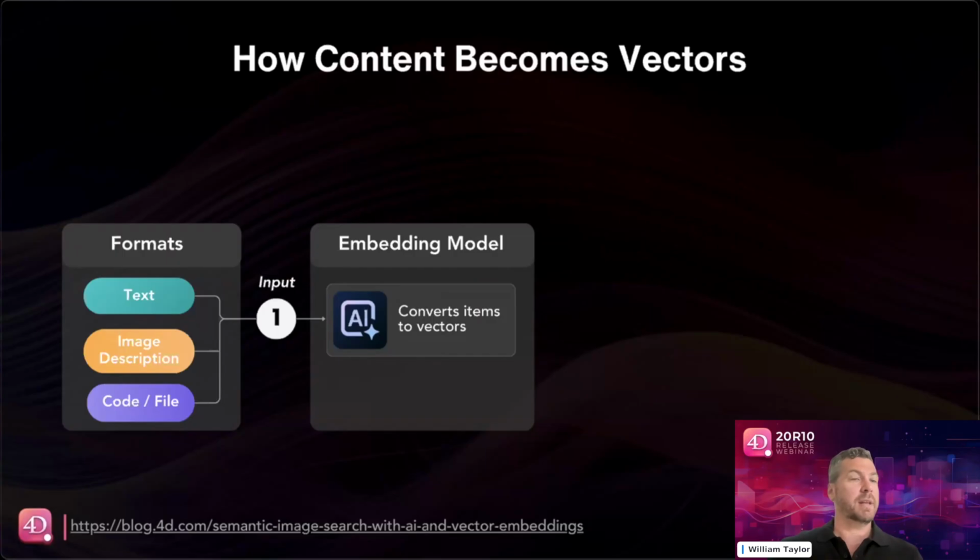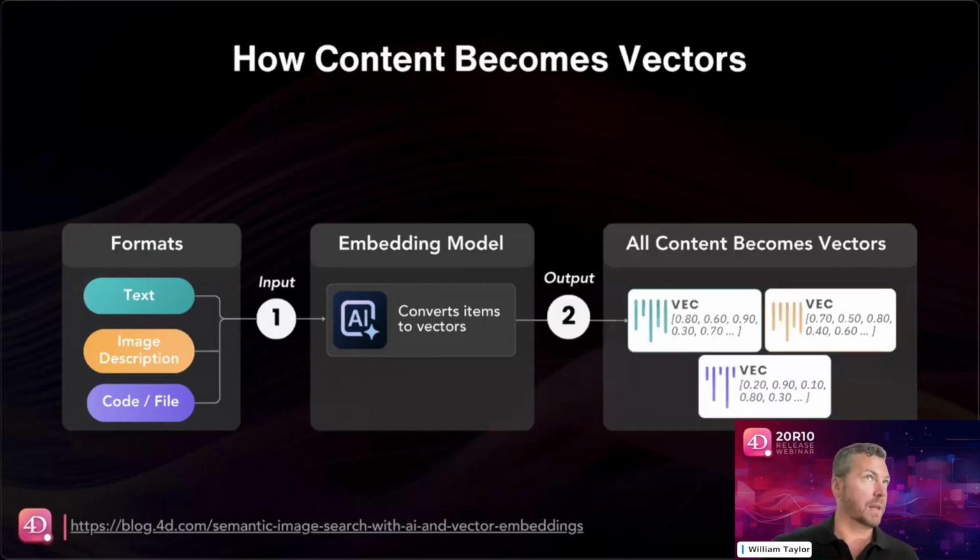And in this case, the embedding model has been trained to recognize meaning, not just the words you typed, but the intent behind them, the contexts they're used in, the overall idea. It then translates that meaning into a list of numbers, a vector that represents it. Because this vector comes from an embedding model, we call it an embedding.